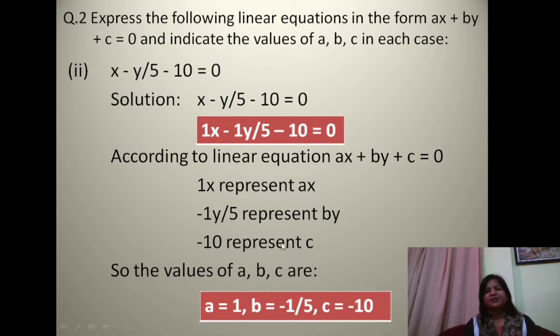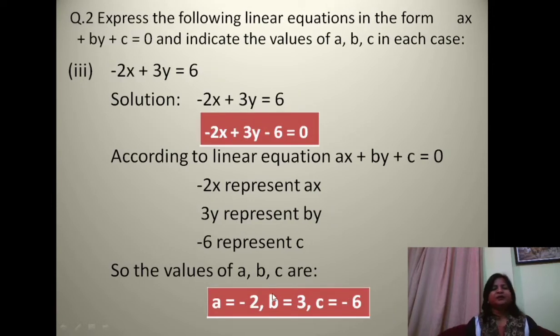Minus 10 represents c. So here you can see c is equal to minus 10. So this is a very simple way to calculate the values of a, b and c. So the final values of a, b and c are: a is equal to 1, b is equal to minus 1 upon 5 and c is equal to minus 10.